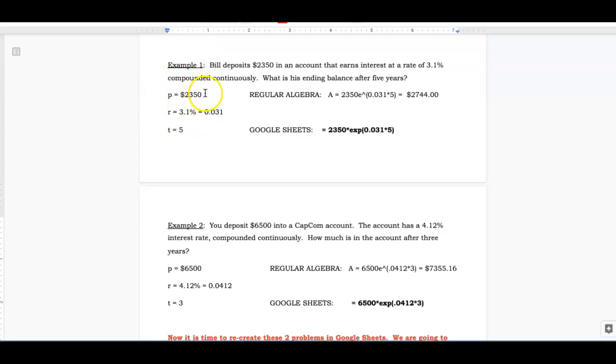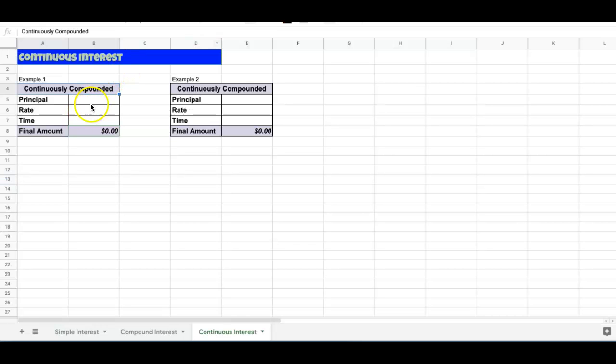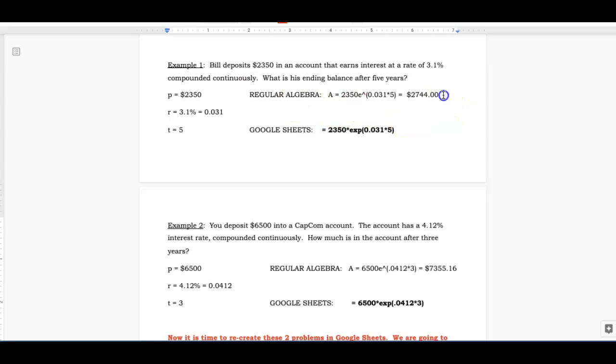Bill had 2350 at 0.031 for 5 years. That's money too, so I'm going to make that money. And look at that, 2744. Just what we expected, because when I typed into the regular calculator, that's what we got. So our calculator looks like it's working.